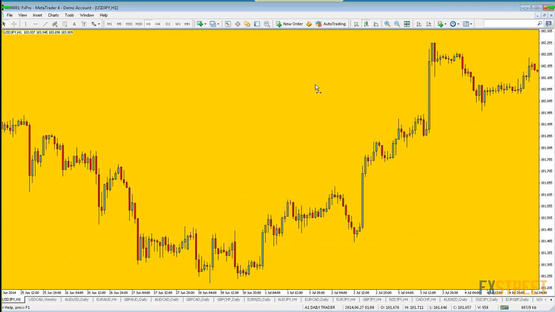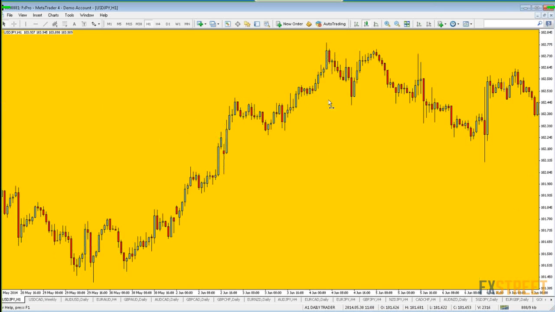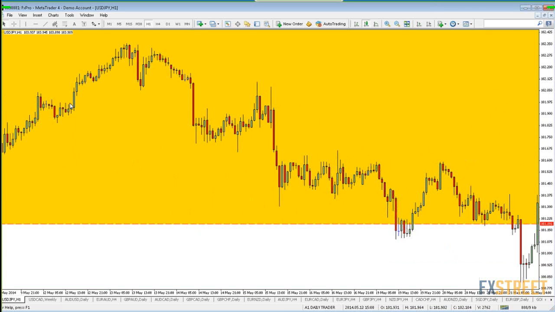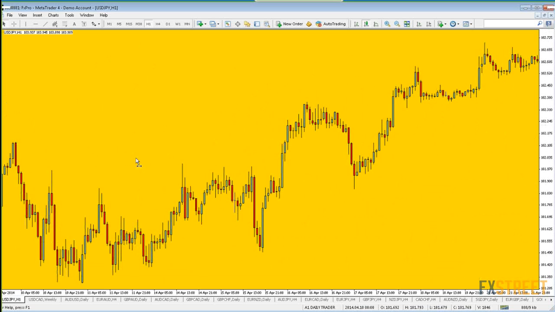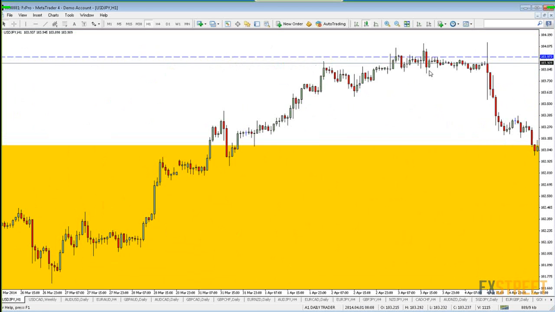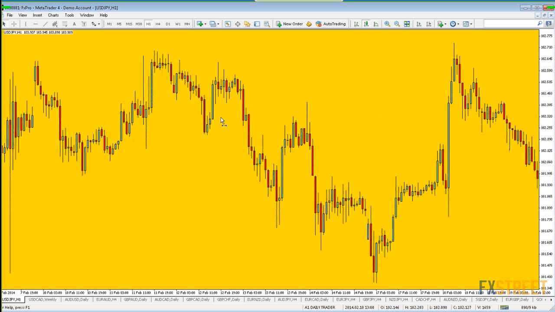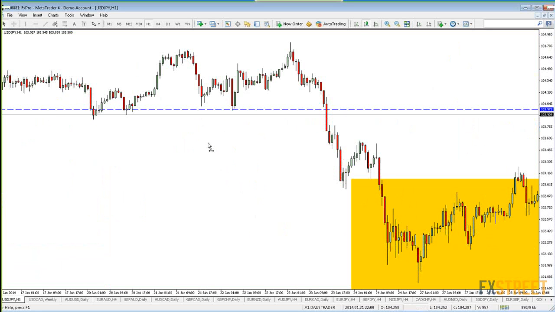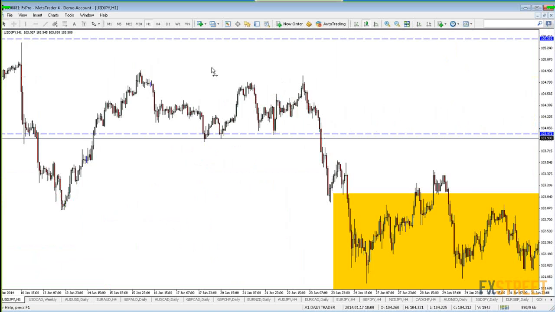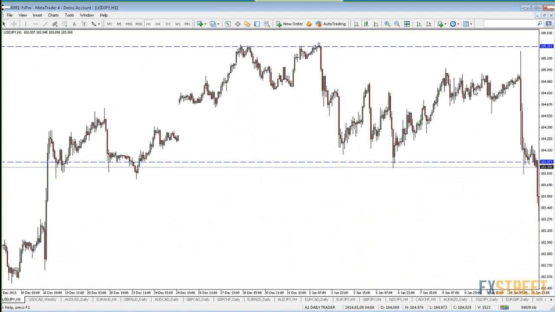So the first thing is the market's got to be traveling in a direction for a while. And that's how we know that we're ready for a moolah or a whammy trade. Moolah is the bearish setup and whammies are the bullish. So long as the market's been moving in a direction for a while, that's good.